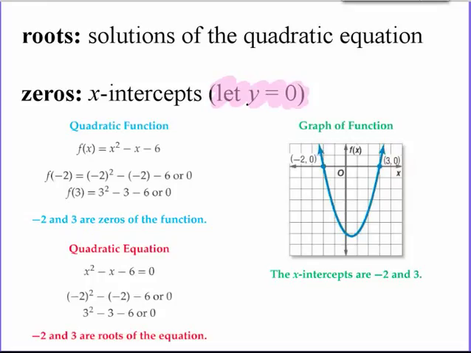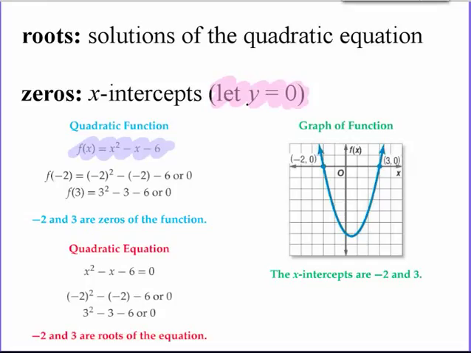Down below is an excerpt from your book, which talks about a graph of a quadratic function. The quadratic function is f of x equals x squared minus x minus 6.